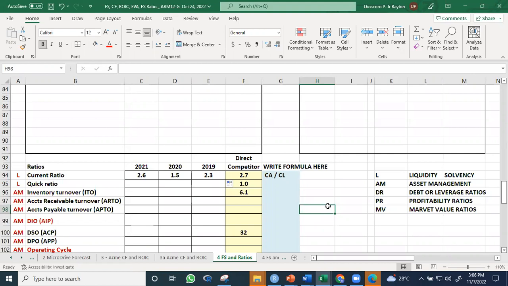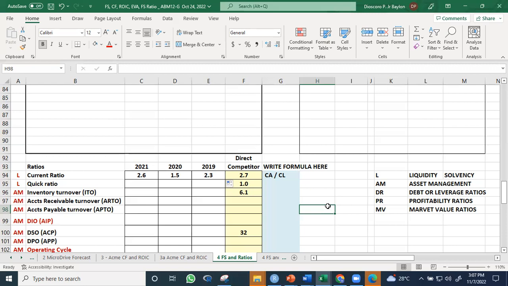If we're going to analyze that, we can only say that for every 1 peso of current liabilities, the company has 2.6 pesos of current assets to pay its obligations. That's how you interpret this technically, theoretically.